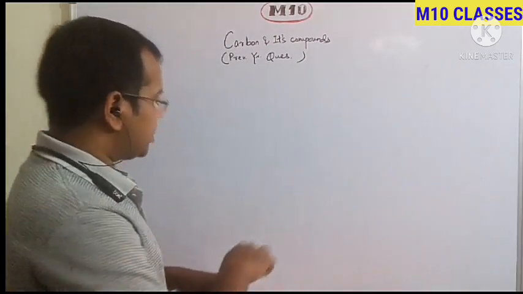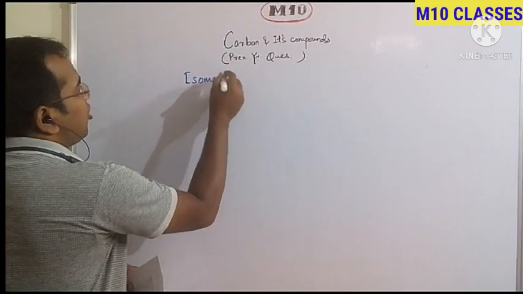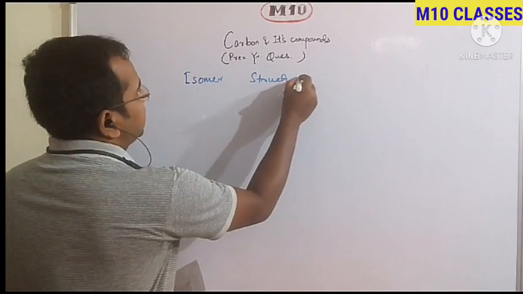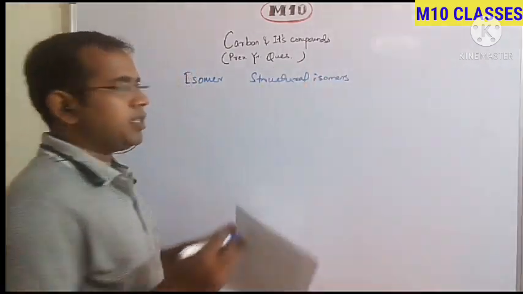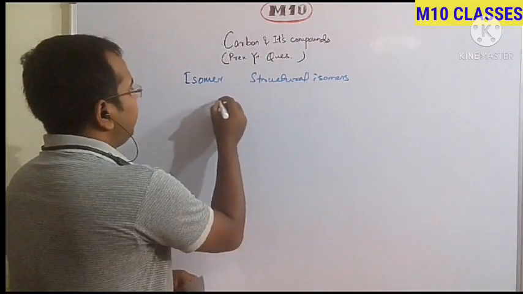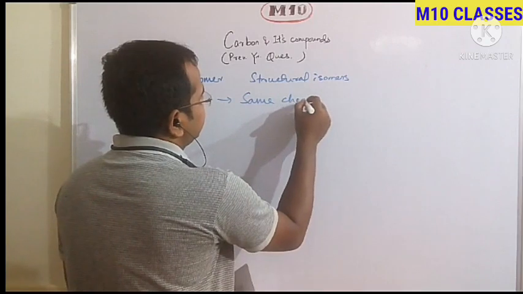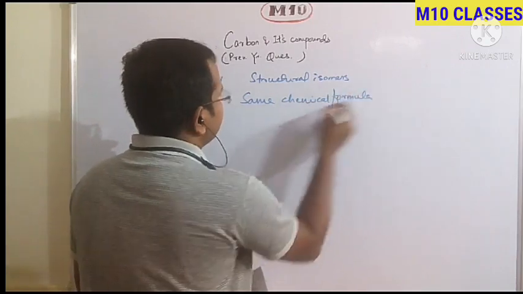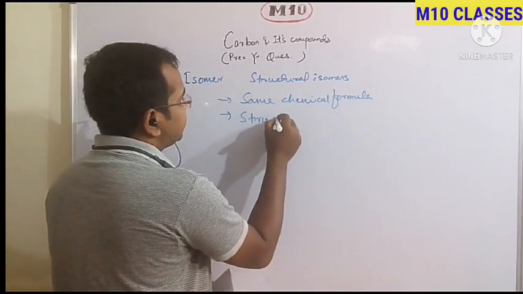So first of all, what is an isomer? Isomer, or it is also called a structural isomer. So what are these isomers? They have the same chemical formula, but they have different structures.